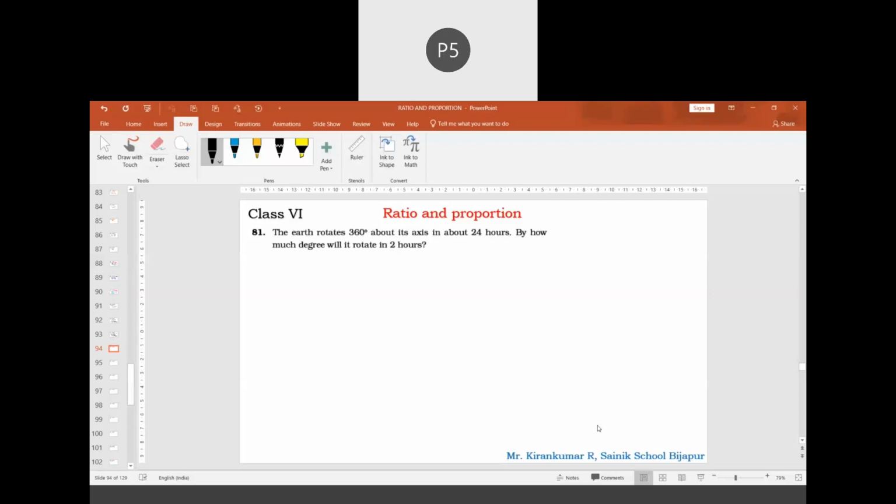How many acres form a hectare? How many meter square form a hectare? 10,000 meter square will form 1 hectare. We can express it in acres if you know the conversion. It is approximately 2.47.